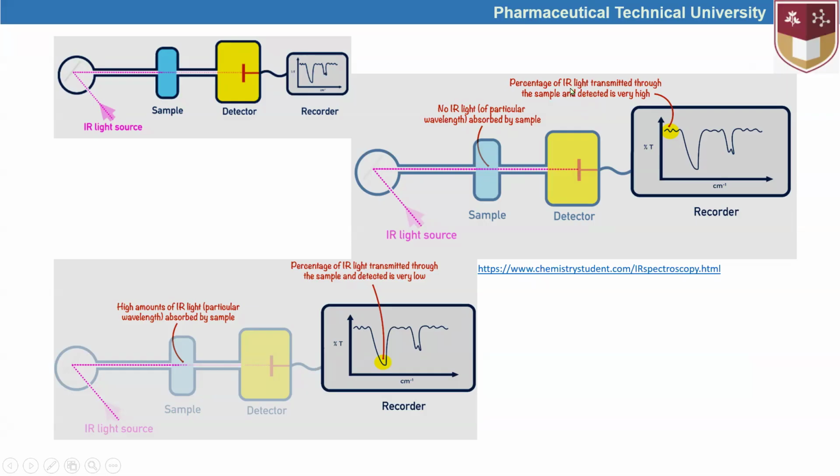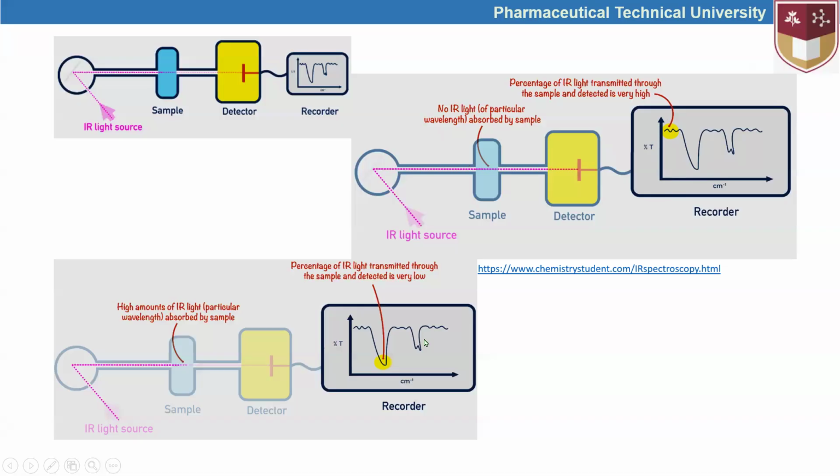with a high level of transmission. This is the transmission level, this is the absorption level. If some light is absorbed, it goes down. If not, the transmission level is high, so the peak of the transmission is located here.